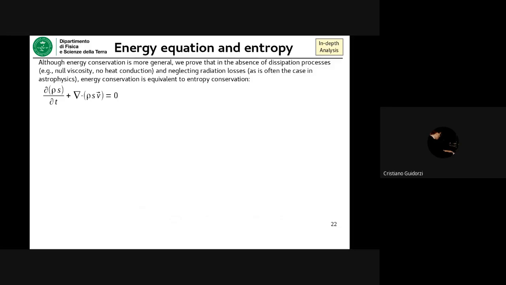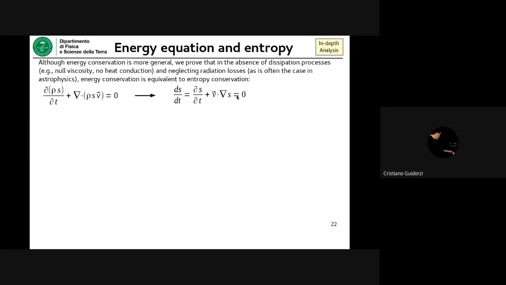In particular, what I also showed you is, if you remember, when I said the generic scalar quantity A, I said, look, if you demand the continuity equation for that quantity, in that case, like the generic quantity A is s, so entropy per unit mass, it is equivalent to demanding that its total time derivative, so ds over dt, which is this here, is zero.